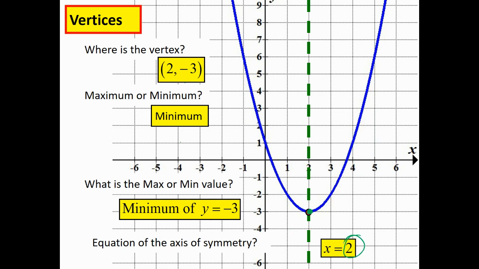This number, 2, right here, x equals 2, is the x value of the vertex. So those always match. So if we drew this vertical line, everywhere you look on this line, x always equals 2. So that's the equation. But simply put, x equals the x value of your vertex is always the equation.